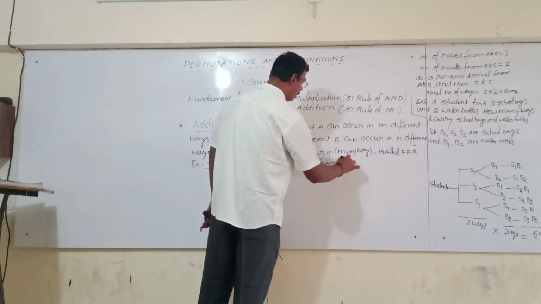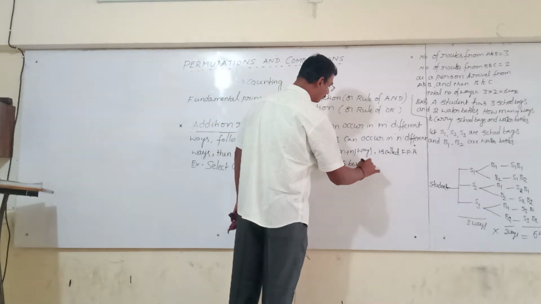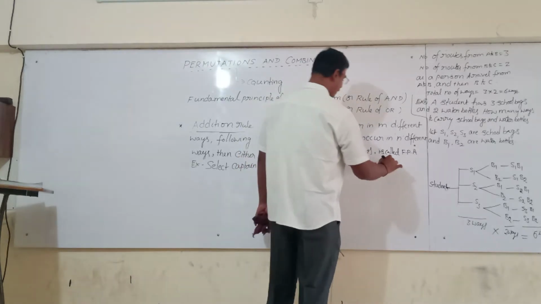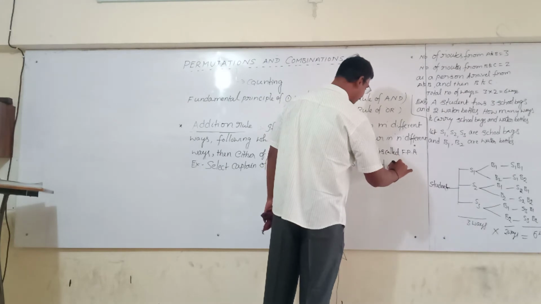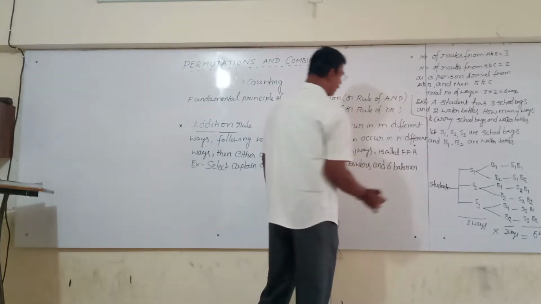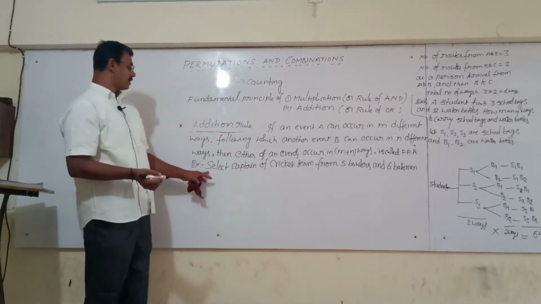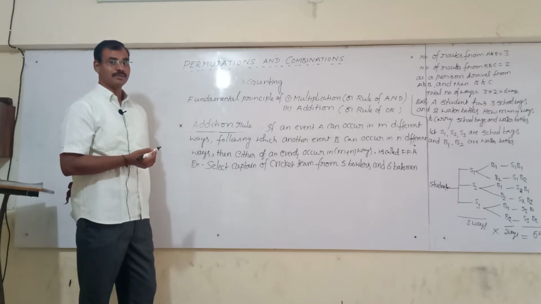From here, I am taking 5 bowlers and 6 batsmen, 11 in total. Select the captain of a cricket team from 5 bowlers and 6 batsmen.